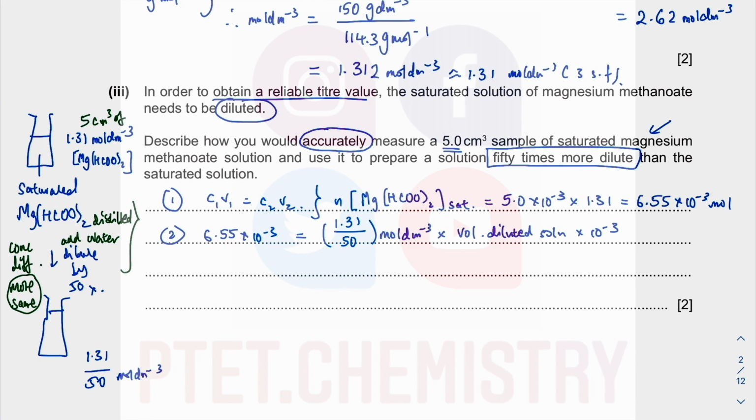Okay, so therefore the volume of the diluted solution is equal to, well, rearrange your formula, that times 50 over 1.31 times 10 to the minus 3. And I get 250 cm³. Exactly. Well, at least that's what my calculator showed me exactly.